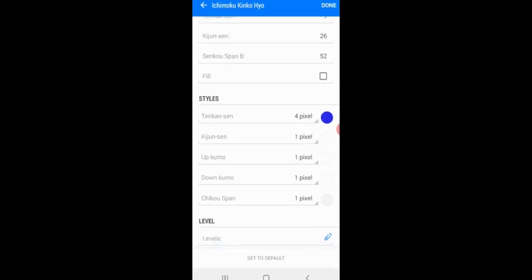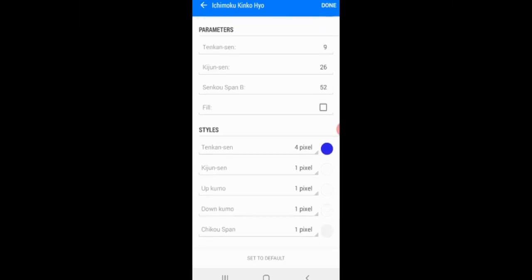Then the pixel, the first one is 4 pixel, then the second one 1 pixel, and all through 1 pixel. You use the color of your screen, just like my MT5 is white, so I'm using this color because you don't need to show the Ichimoku. So I believe we understand that.